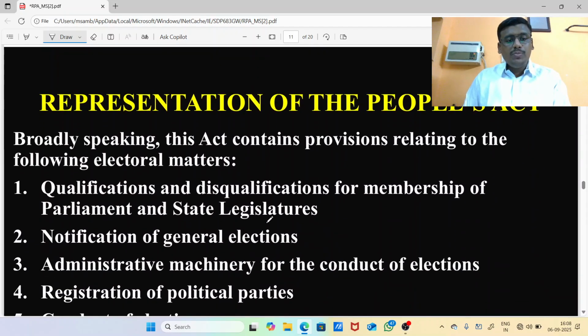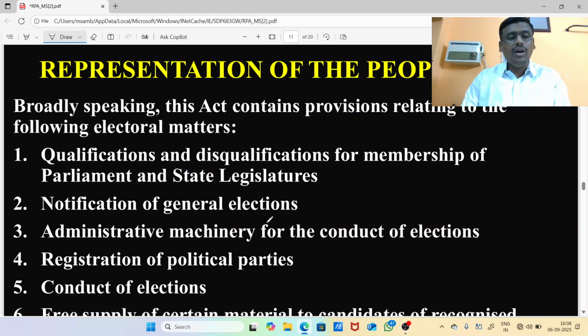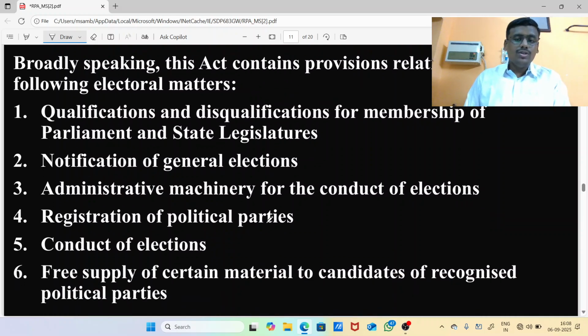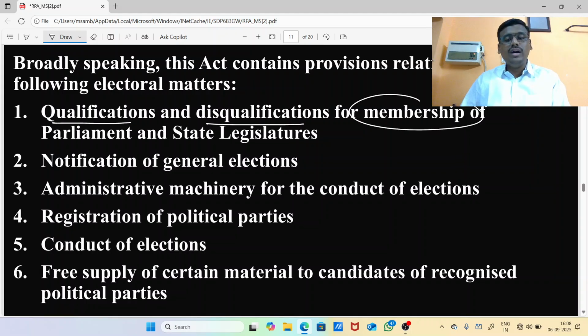Broadly speaking, this Act contains many provisions relating to electoral matters. It speaks about the qualifications and disqualifications for membership of Parliament and state legislatures. The 1950 Act just gave a brief idea about the allocation of seats, how the electoral roll should be prepared, and how an elector can be chosen.